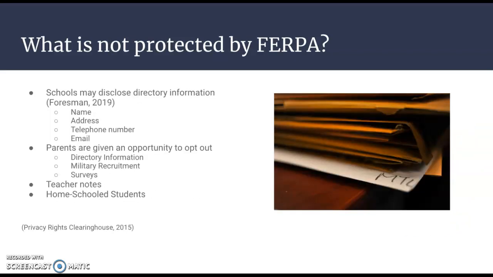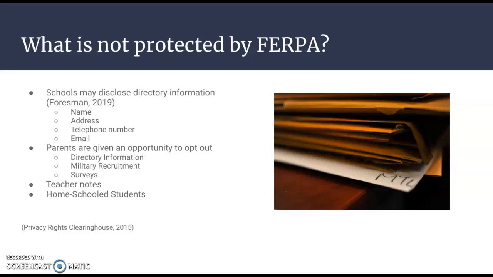So what isn't protected by FERPA? Well, schools can disclose what they deem as directory information. Some things that would fall under that category are students' names, their addresses, their telephone number, and their email.